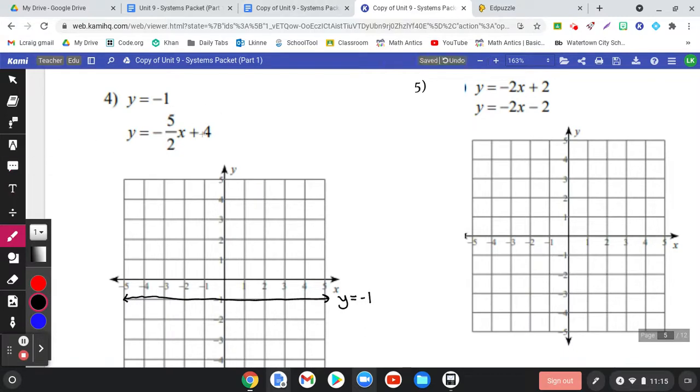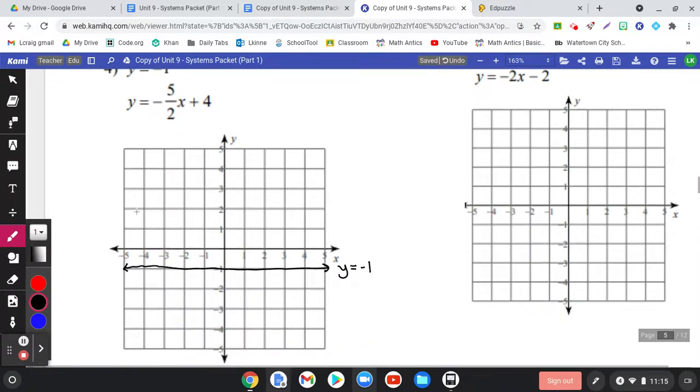This one, again, you could type it into your calculator or go and use your slope y-intercept. Down 5 over 2 would be somewhere over here. You can already see where that intersection point is. All right, so your answer is just to -1.